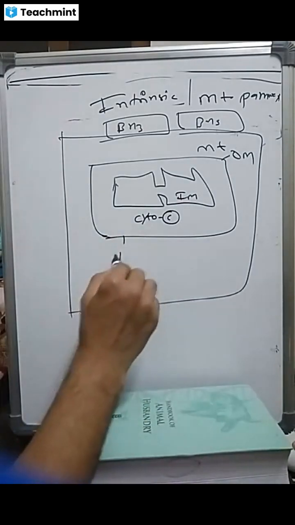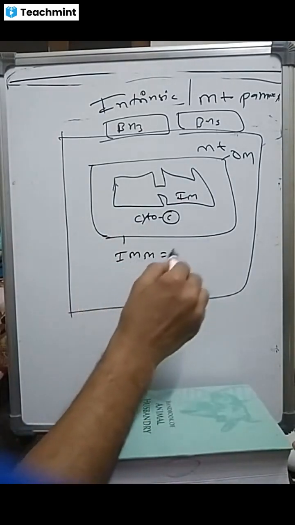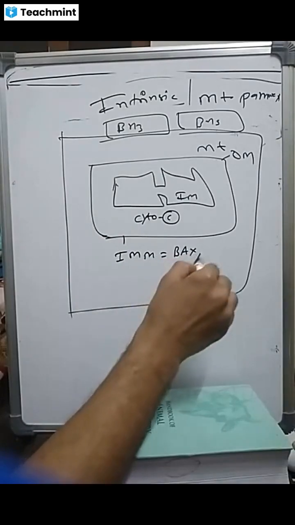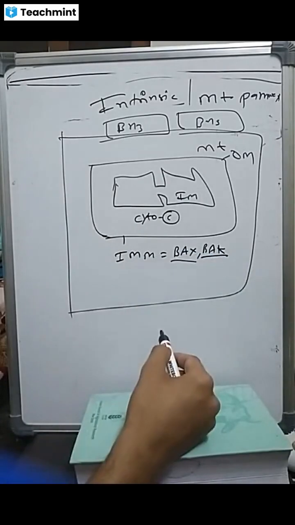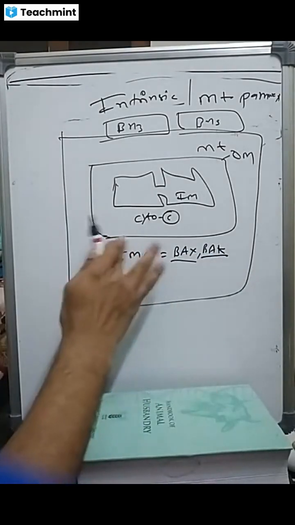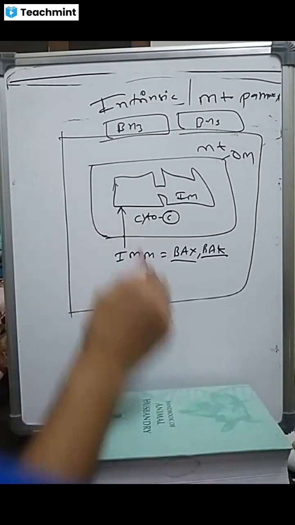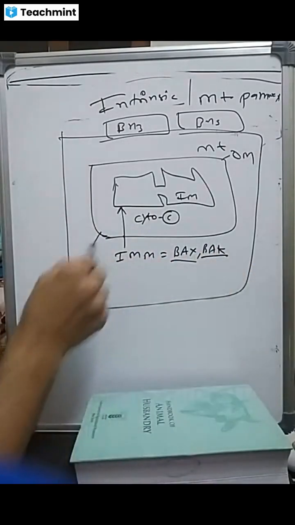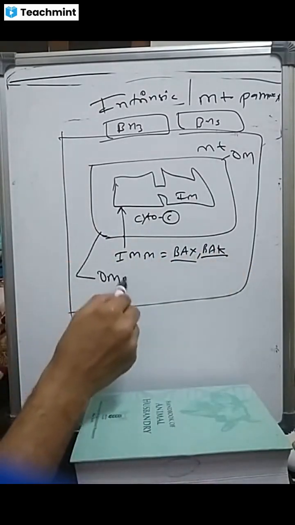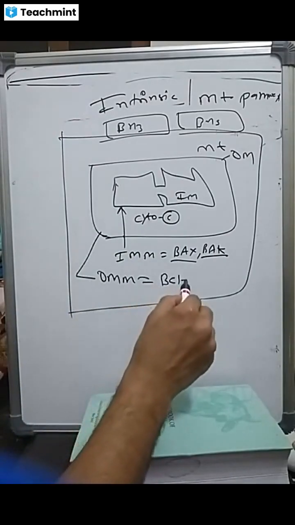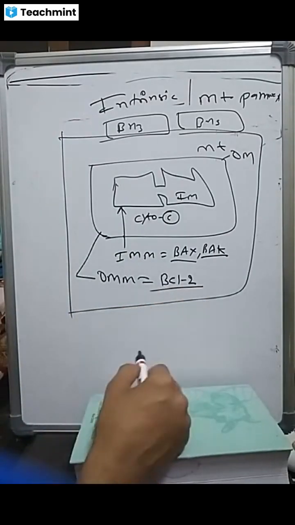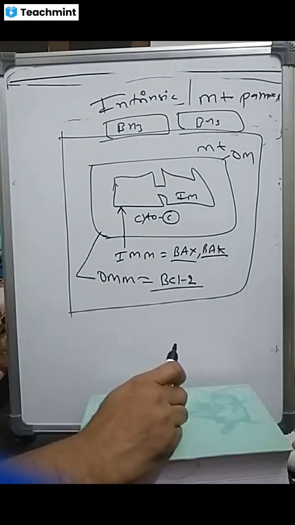The inner mitochondrial membrane has BAX and BAK protein. This is the inner one, and the outer mitochondrial membrane has which protein? BCL2.